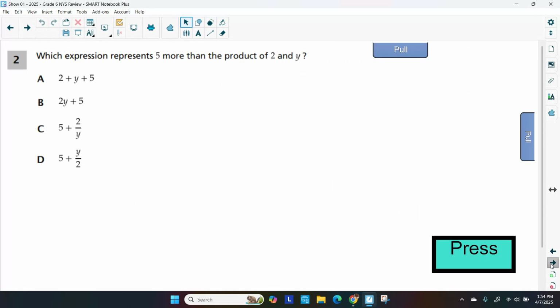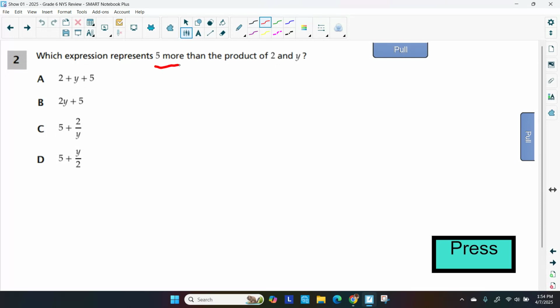All right, let's get started. Which expression represents 5 more than the product of 2 and y? Wow. And I'm looking at the answers, so I need to know some vocabulary. So let me underline some of this interesting vocabulary.